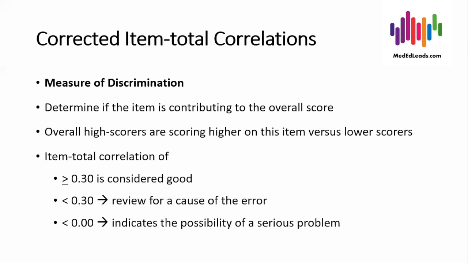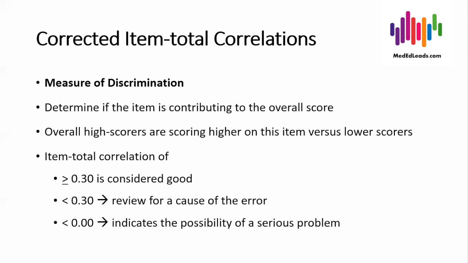So your low performing students are performing higher, and your high performing students are performing lower on that one question, or on that one task, or on that one station. It means that the question was not discriminating well. The question had some problems with discrimination, and one has to look for those problems.